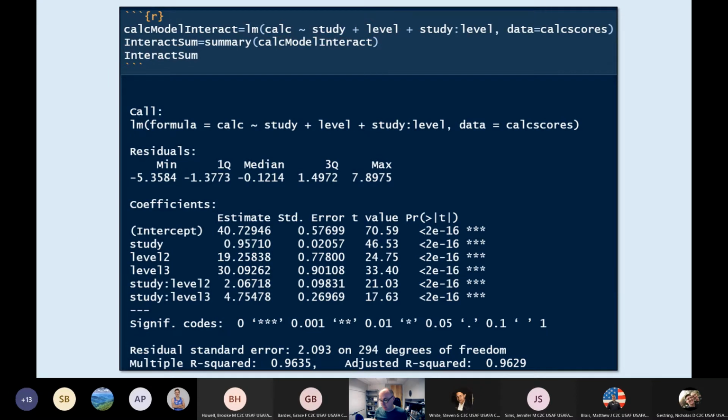Now, one thing I want to make sure I'm clear on: the fact that it says 3 there is not as important, because that's just the way this variable is stored, either equal to 1, 2, or 3.